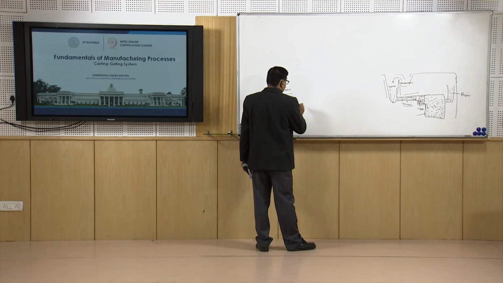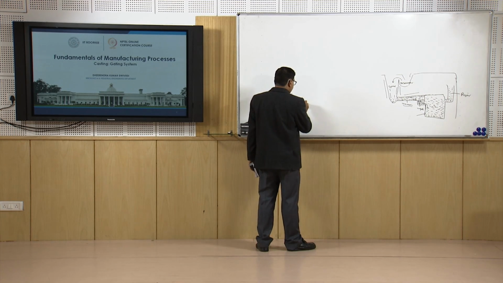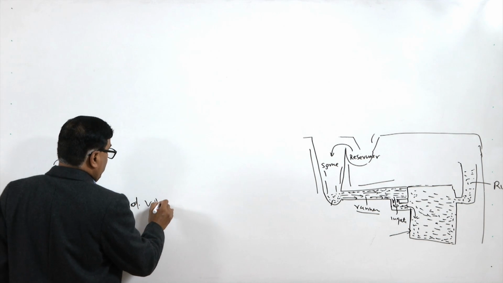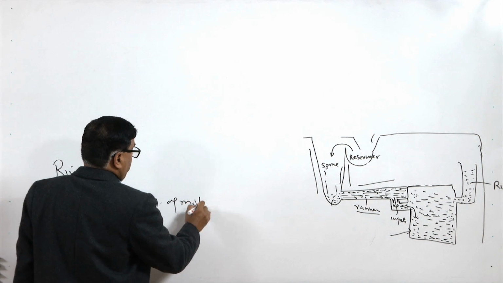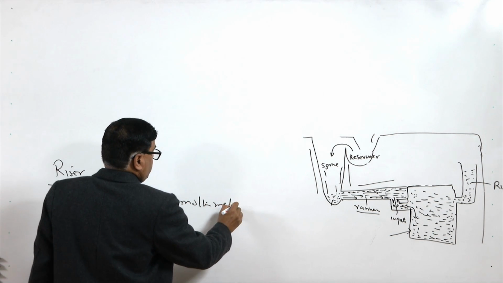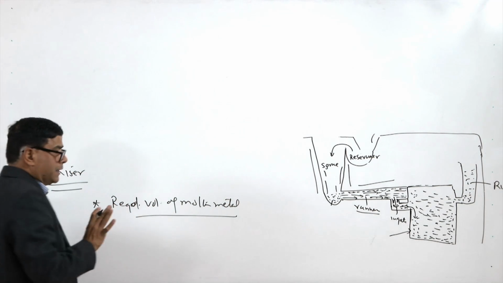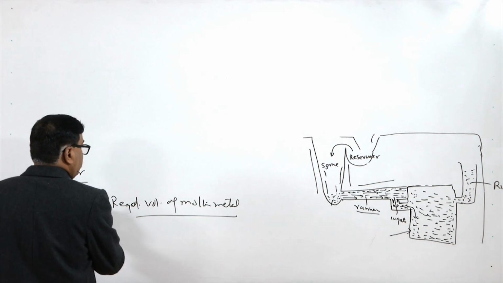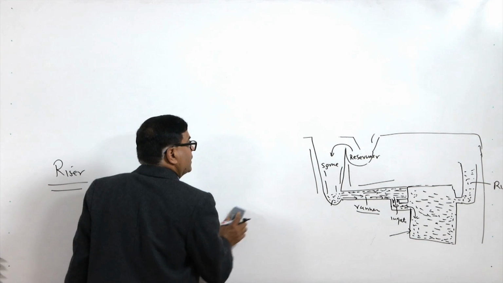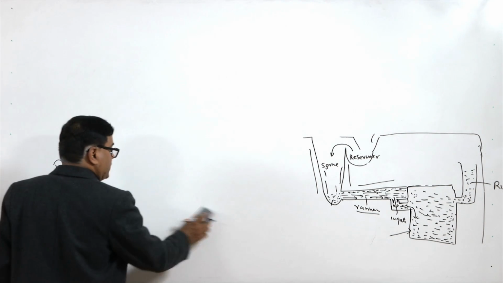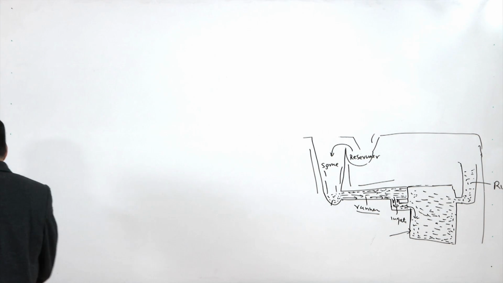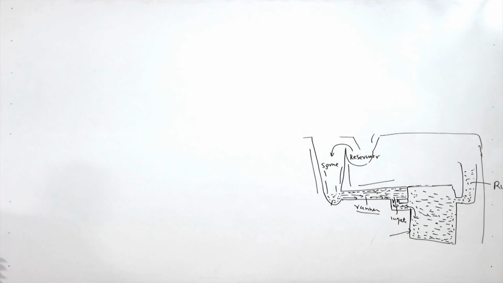And another important point is riser should fill the required volume of the molten metal, so that whatever is the shrinkage, that can be compensated effectively. So, the volume of the molten metal in the riser needs to be obtained in light of the kind of shrinkage which is expected.